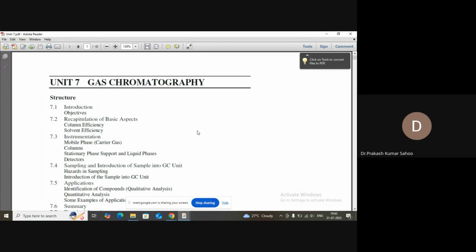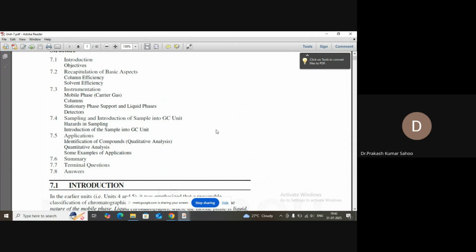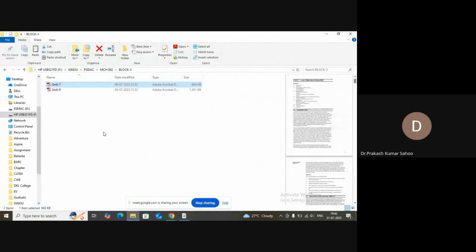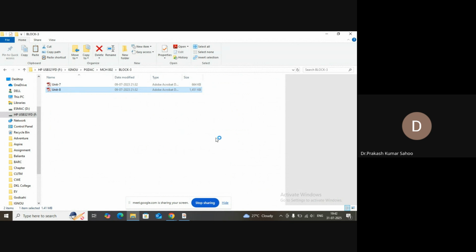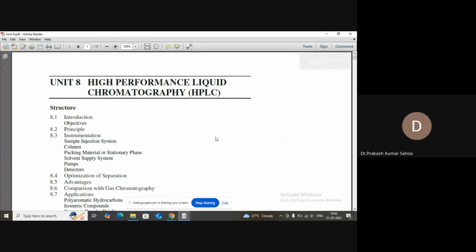So in the next class we have gas chromatography: how gas-solid chromatography and gas-liquid chromatography work, and what the different stationary and mobile phases used are. We will discuss it.